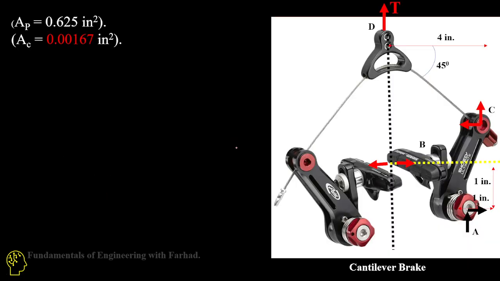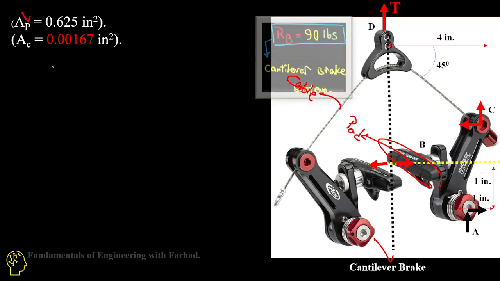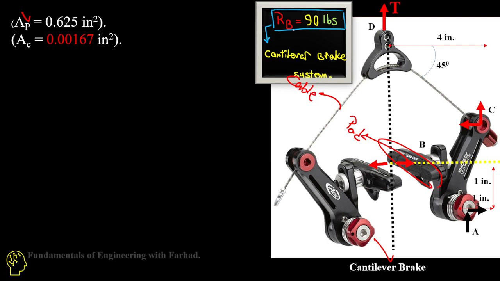If we move back to the cantilever system to calculate the normal stresses in both the pad and the cable, we have both of those areas, and we already know the reaction.